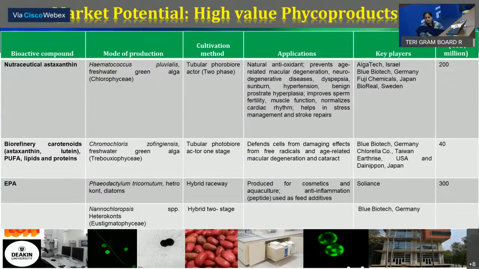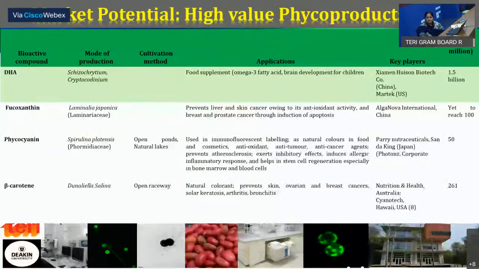Nannochloropsis oculata has a good amount of EPA content, and that strain is also very well exploited, with a market of 300 million USD. There are many single products which people are delivering, and many industry key players. EID Parry and TERI Nutraceutical are producing phycocyanins, growing them in open ponds, with a market potential of 50 million USD.